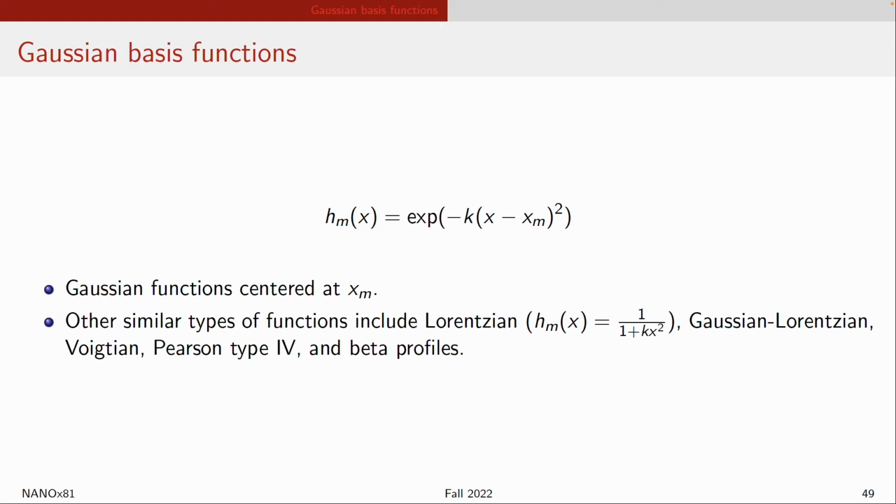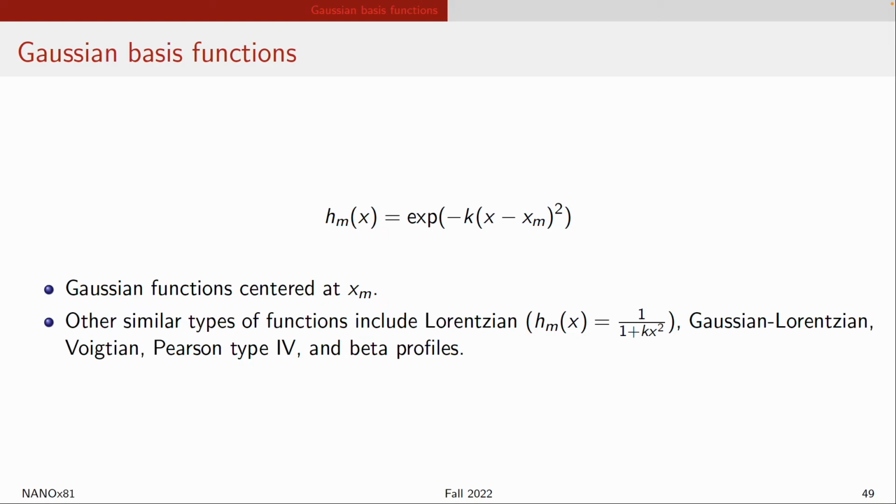So when x is equal to x_m, this is equal to 0, and you have your exponent of 0, right? Now, there are also other functions that are somewhat like the Gaussian basis functions, right? This includes things like the Lorentzian, which has this function form 1 over 1 plus kx squared. The difference is basically in the shape of it. It still looks very Gaussian-like, but it is not exactly Gaussian, right?